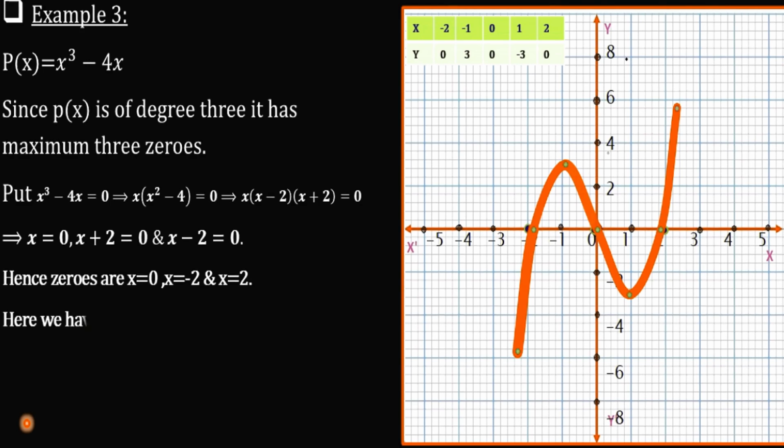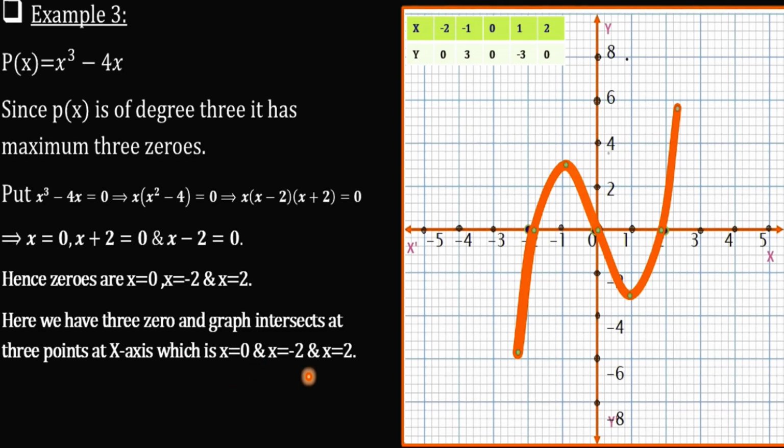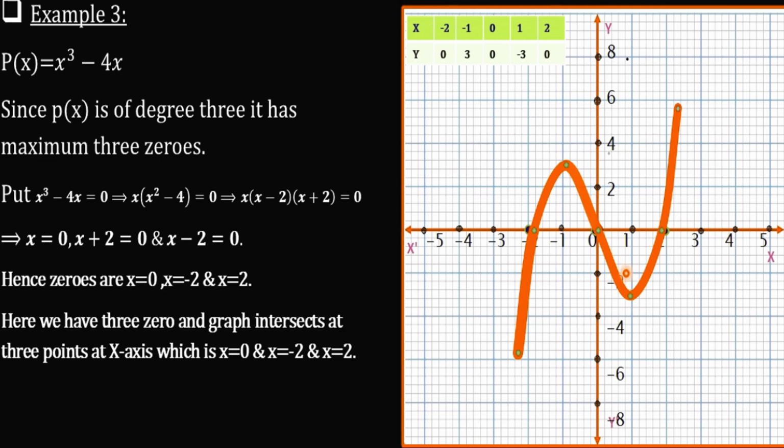So here we have 3 zeros and the graph intersected 3 points on the x-axis, which are x equal to 2, x equal to -2 and x equal to 0. So we can see here the graph is intersecting at x equal to -2, x equal to 0 and x equal to 2, which are the zeros of the polynomial. Okay. The next problem.